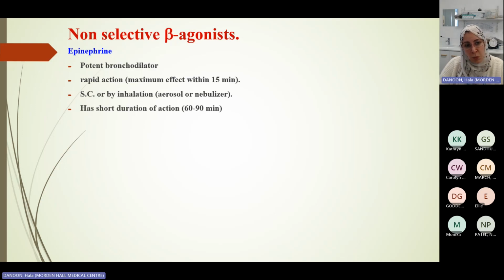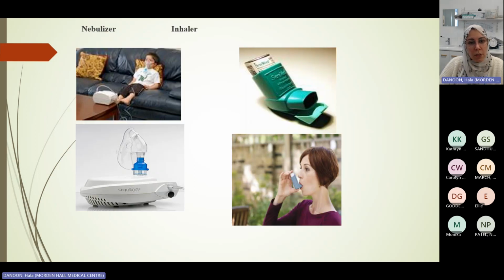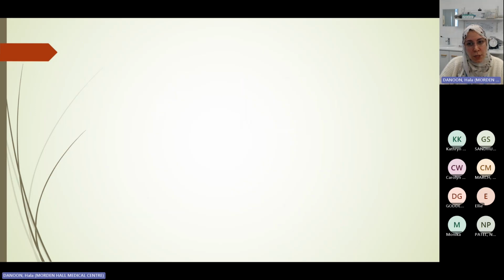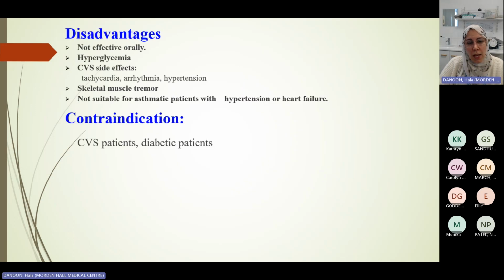It has a short duration, which is why it's not favorable. It is the drug of choice when we have an acute anaphylaxis reaction. As I said, because it's not selective, it's not effective orally, so we cannot use it there.